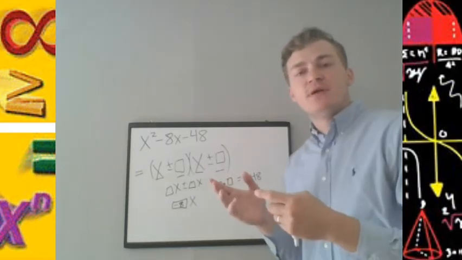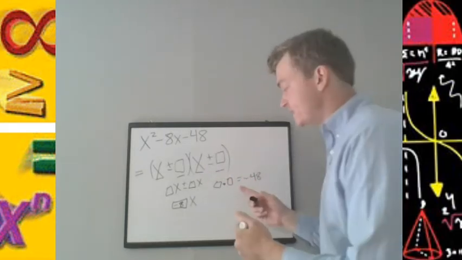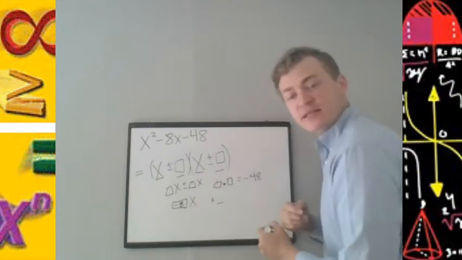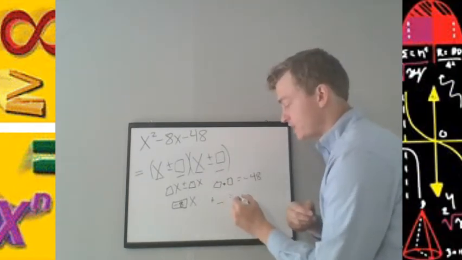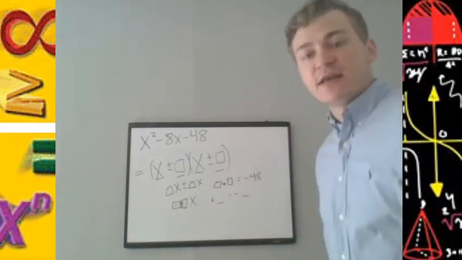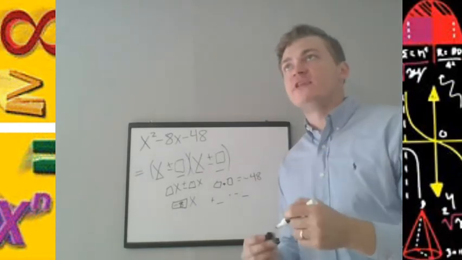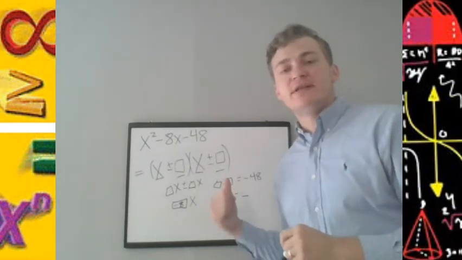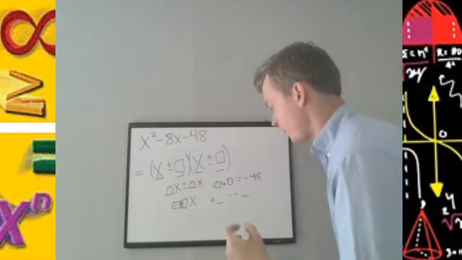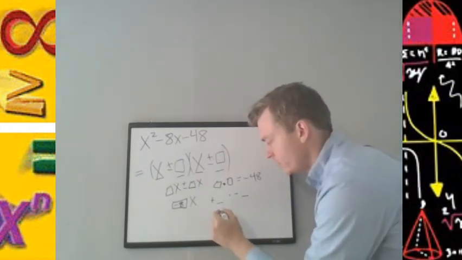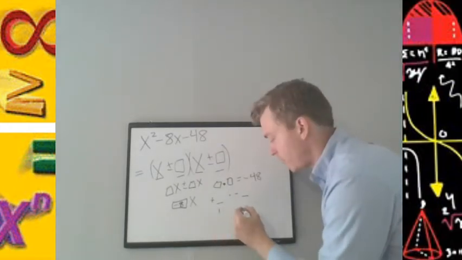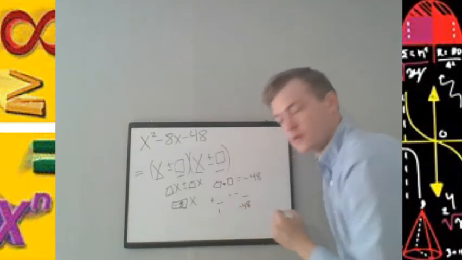Well, that has to be unlike signs. In other words, one of these numbers has to be positive and one of these numbers has to be negative. Well, let's think about all of these factors that will multiply to get us a negative 48. We have positive 1 multiply negative 48.